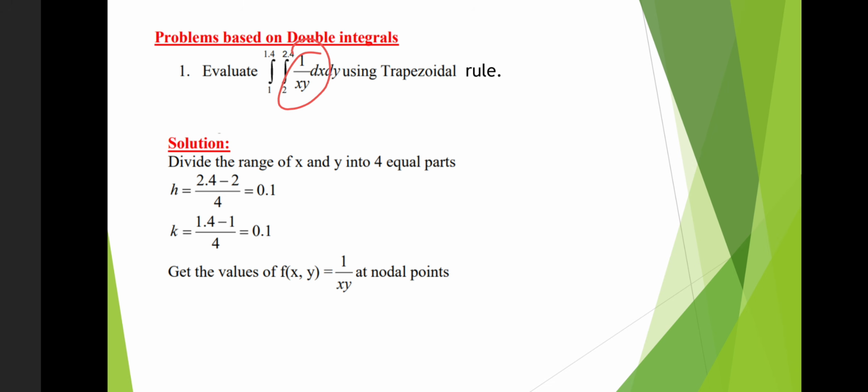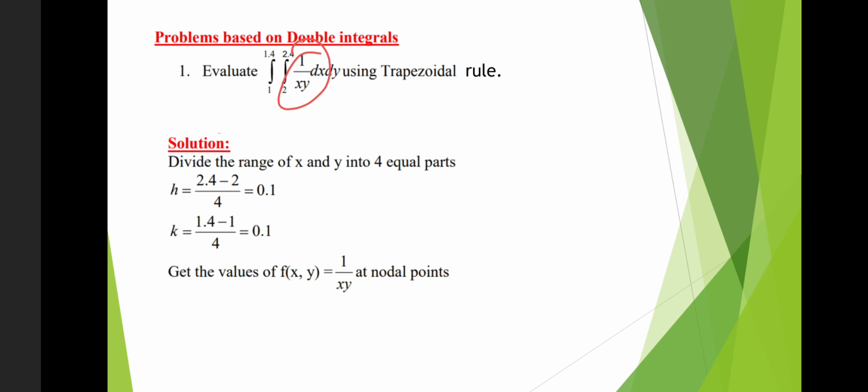Therefore, the step size is h equal to (2.4 minus 2) by 4, that is (xn minus x naught) by n, equal to 0.1, and k equal to (1.4 minus 1) by 4 equal to 0.1. Since both steps are equal, h equals 0.1 and k also equals 0.1.